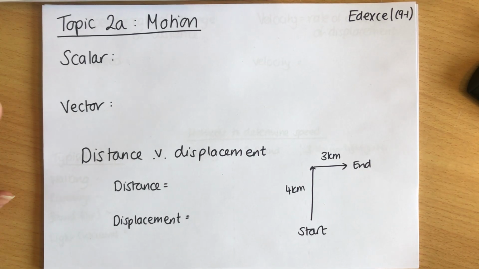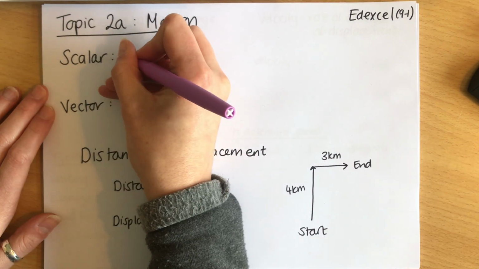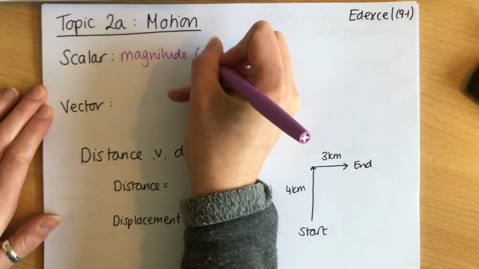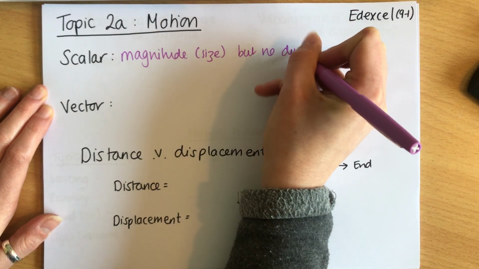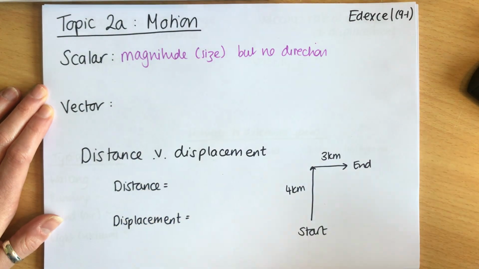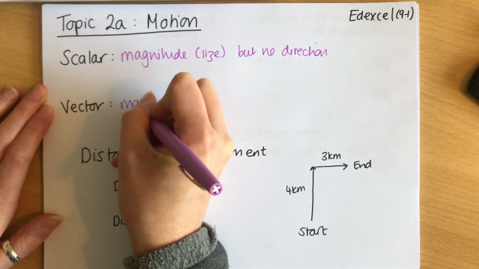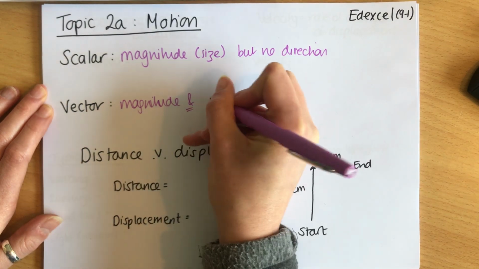So we're going to start with scalars and vectors. A scalar is a quantity that has a magnitude, which means a size, but no direction. Whereas a vector, which you sometimes come across in maths, are quantities that have a magnitude and a direction.